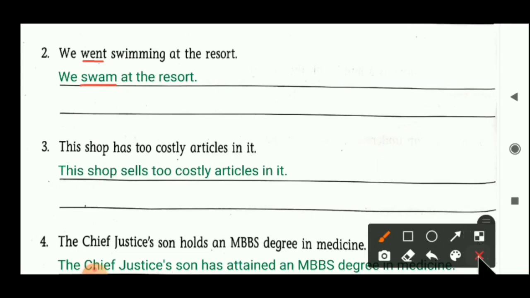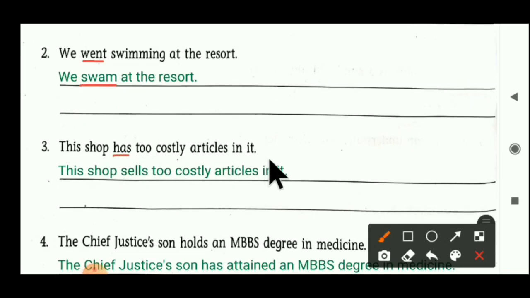Now the third sentence. This shop has two costly articles in it. Which is the verb here? Can you find it? Yes, has is the verb here. It is used as a stative verb.